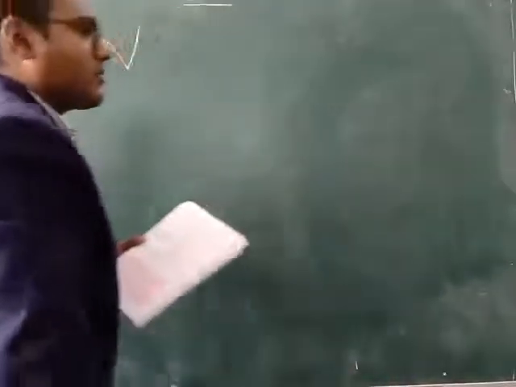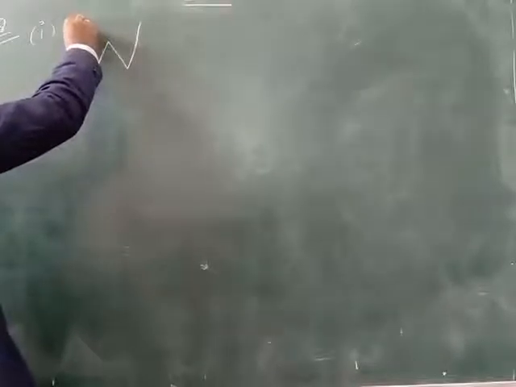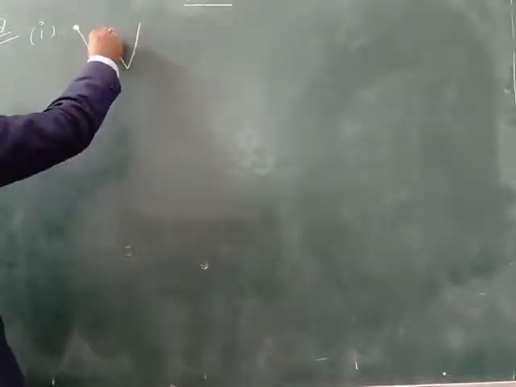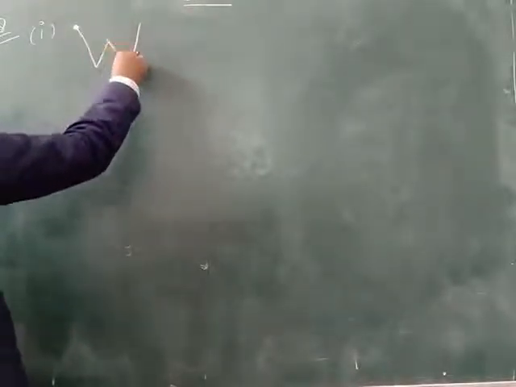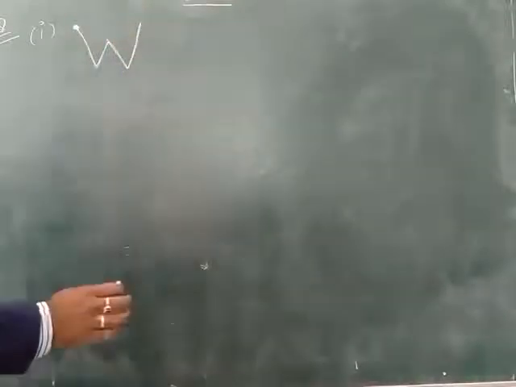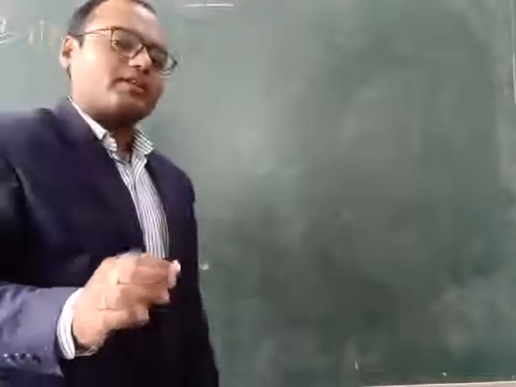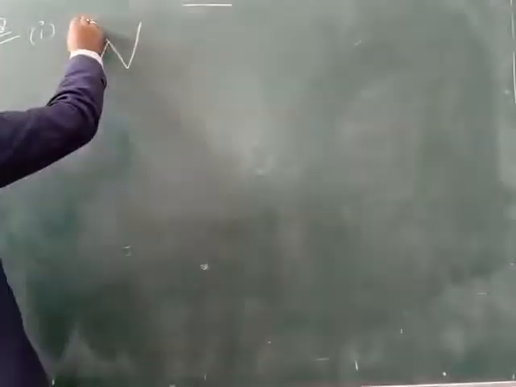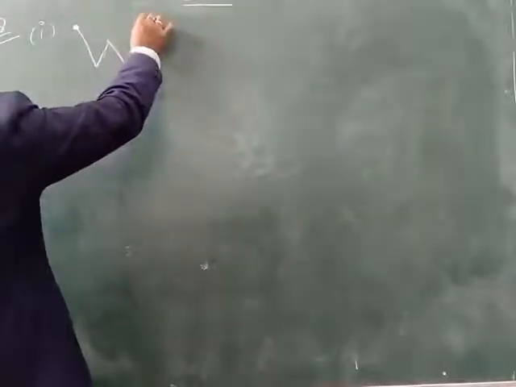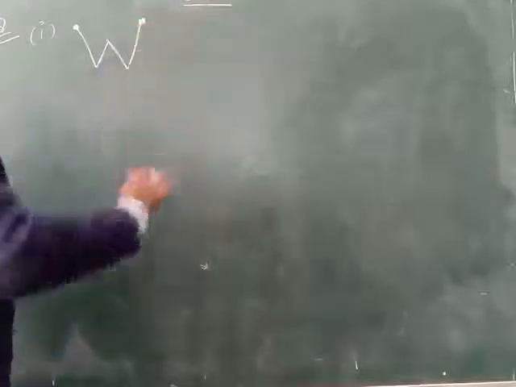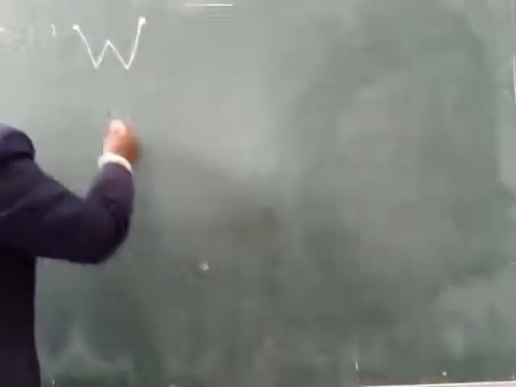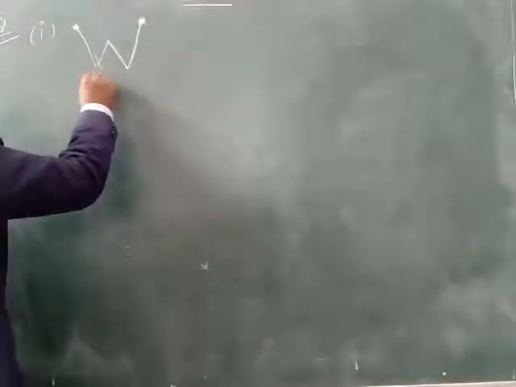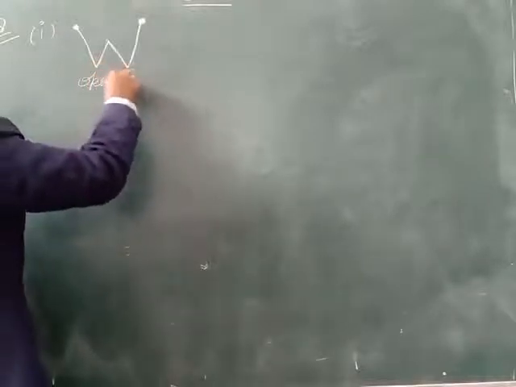When we start from this point, this is the starting point, we go this side, then we come here, then here, then here. When we return to the same point, then that figure is a closed figure. We are starting from this point but finishing at a different point. So both the points are different. So we will say that it is not a closed figure, it is an open figure.